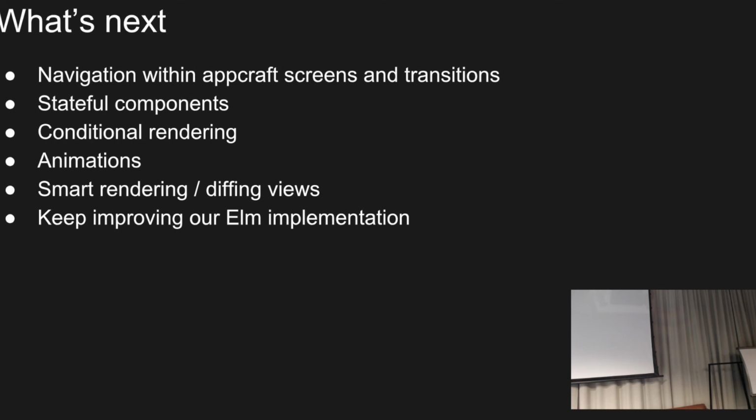But we also need to diff at the style level. What if something just changed from black color to red, or some aspect ratio changed? So we have to be pretty smart in diffing what changed and just rendering what is needed, and keep exploring our Elm implementation. Maybe I wouldn't say it's Elm, but it's really Elm inspired.